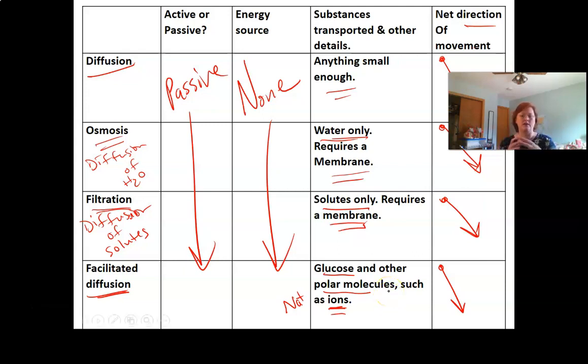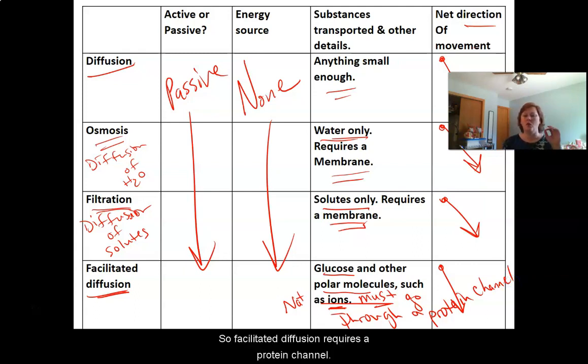That's why they like each other. So to get across that membrane, I must go through a protein channel. So facilitated diffusion requires a protein channel. All right, so everything on this table is passive, no energy needed, and we're always going to be going from high to low concentration.